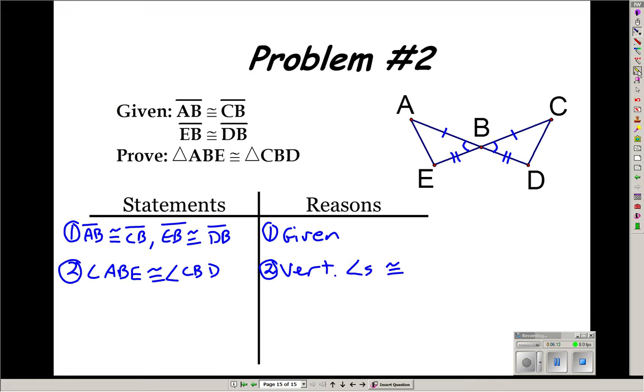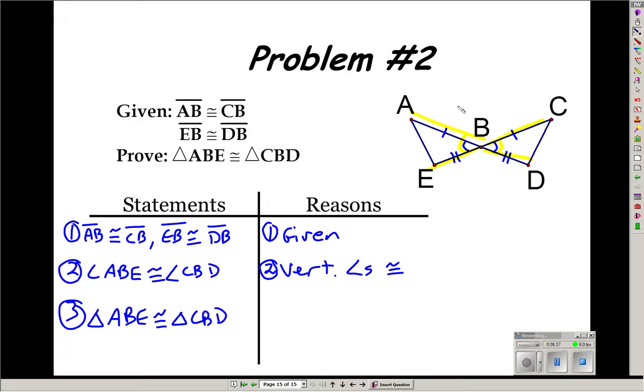Now I can see in the picture, I have side, angle, side on the left, side, angle, side on the right. So these triangles are congruent. I can say that they're congruent now. Write it exactly the way it says in the proof statement. Triangle ABE is congruent to triangle CBD.